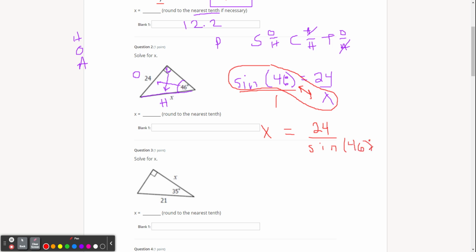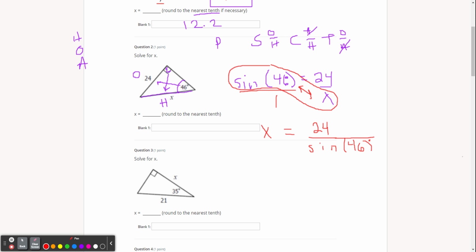Okay, make sure your angle goes in here. So if you do 24 divided by sine 46, everybody grab a calculator, put it in Desmos, do what you need to do. Make sure it is in degree mode, right? So if you are in your Desmos, you want to go to that little wrench. Make sure you're in degree mode, not radians. If you ever are doing trig and you get a negative number, you've done one of two things.